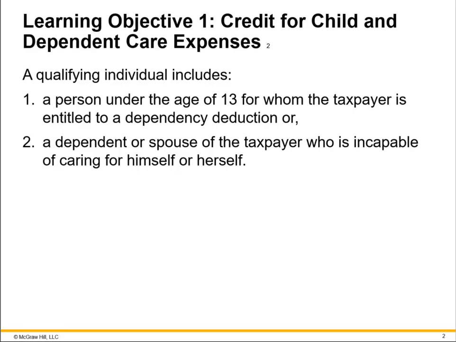It has to qualify. Or a dependent or spouse of the taxpayer who is incapable of caring for himself. That's the disabled part. So a child under 13, or a dependent under 13, or one that can't take care of themselves. So an elderly parent could be a qualifying individual.